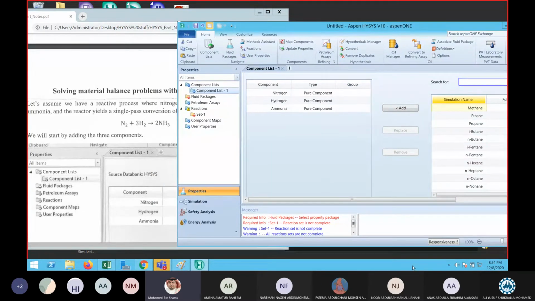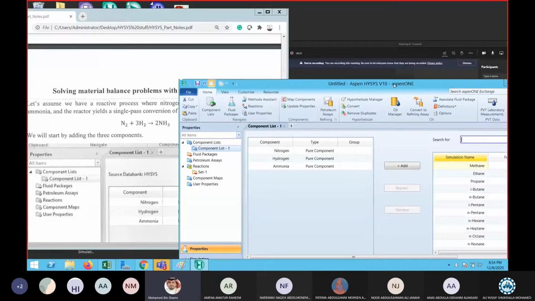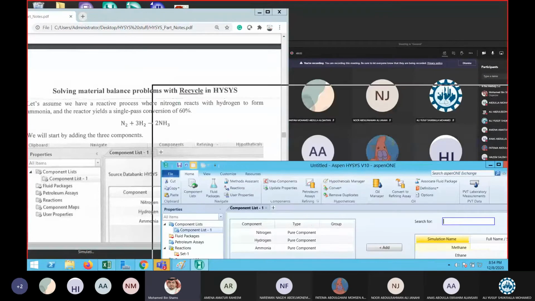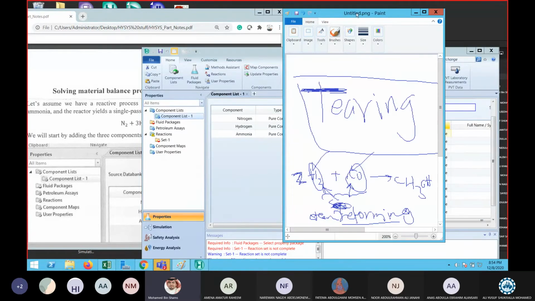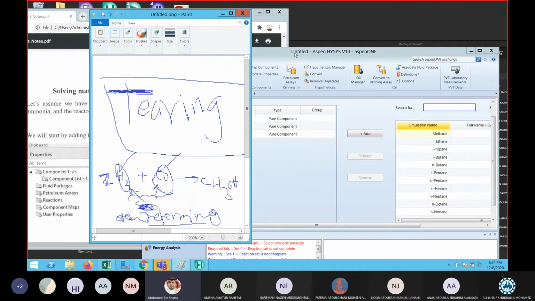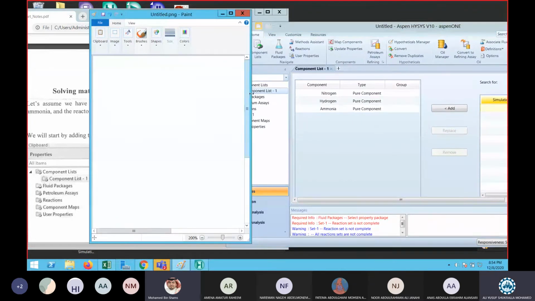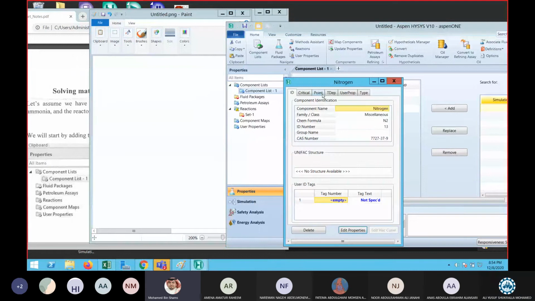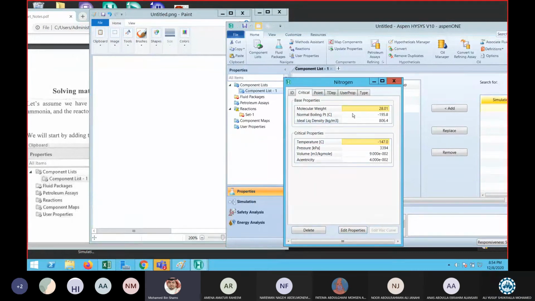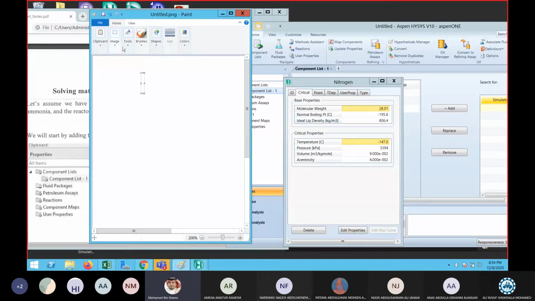And guys, I also want to get the normal boiling point for a reason. Where do we get the boiling point from? The normal boiling point, where do we get it from? Yes, when I go here to the critical properties, I will find it. So the nitrogen's normal boiling point is minus 195.8.